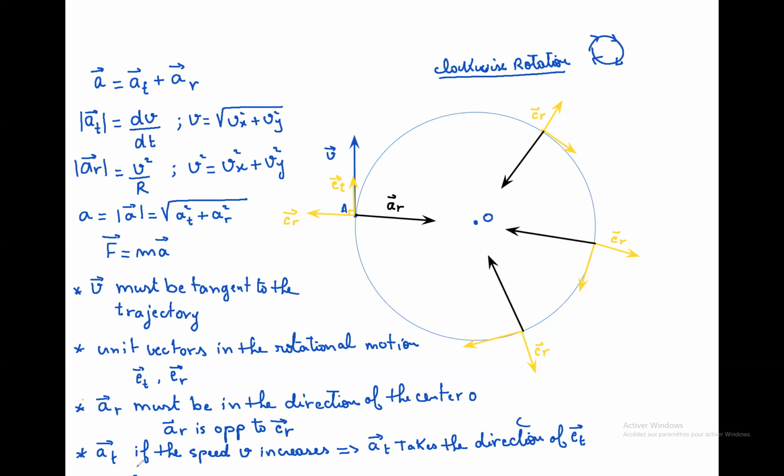If the speed V decreases, then A tangent takes the opposite direction of ET.